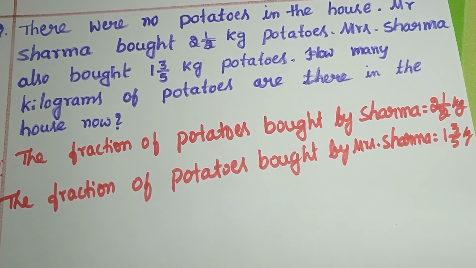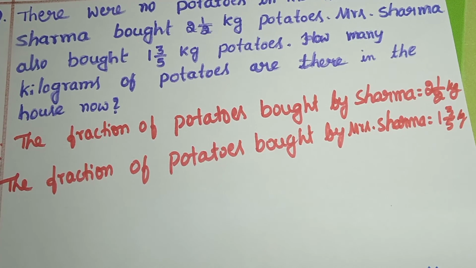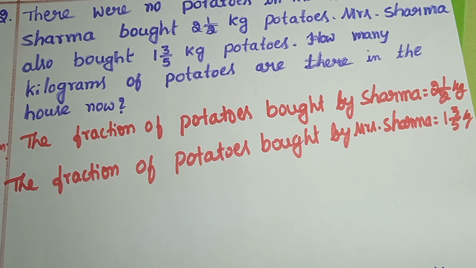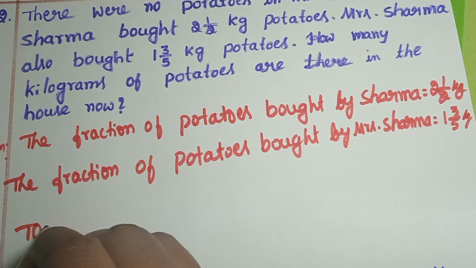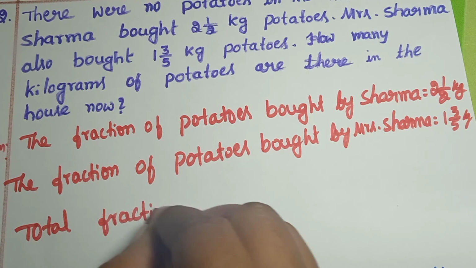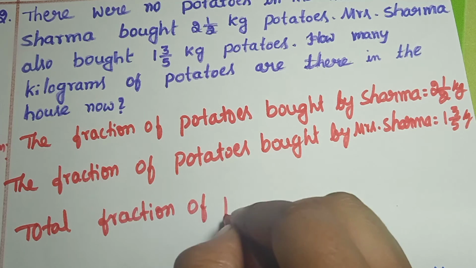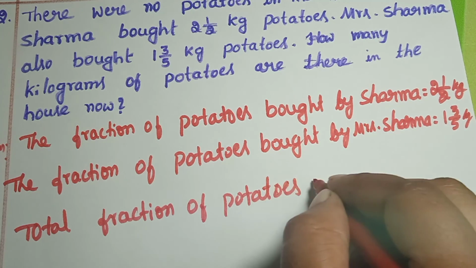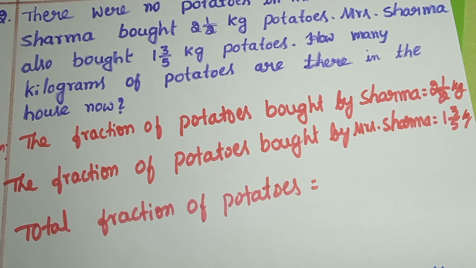Now we should find out, what should we find out now, children? We should find out the total kg of potatoes. Okay, total how many kgs of potatoes are there in their house. Okay, that total number of fractions. Total fraction of potatoes. Okay, what should we do, children? Add. Total is nothing but addition.